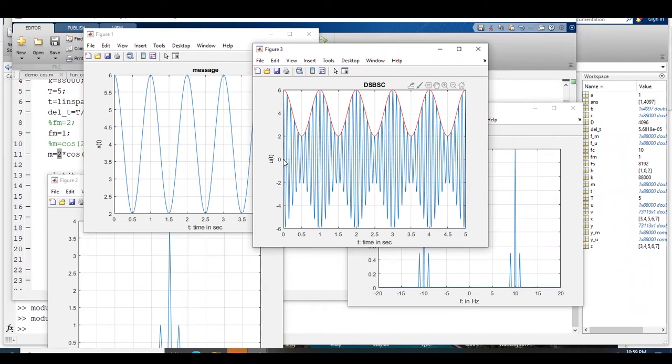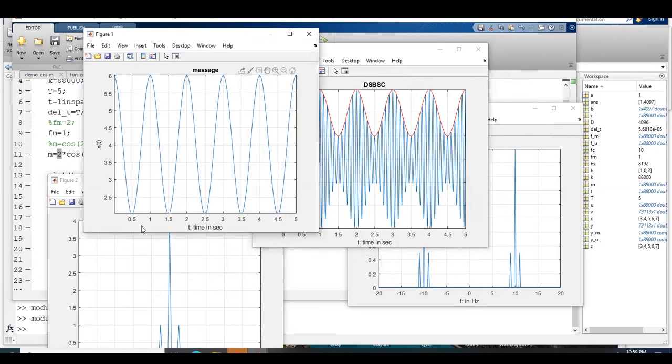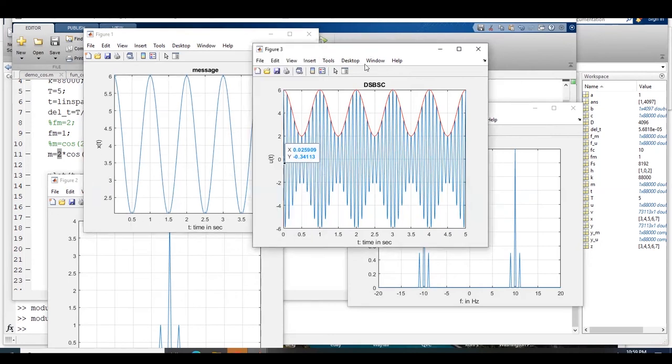You specify t here from 0 to 5 seconds. And remember how many cycles we said here for the message. Your message has 5 cycles from 0 to 5 seconds. And for the modulated signal, I also say 5 cycles here from 0 to 5 seconds.